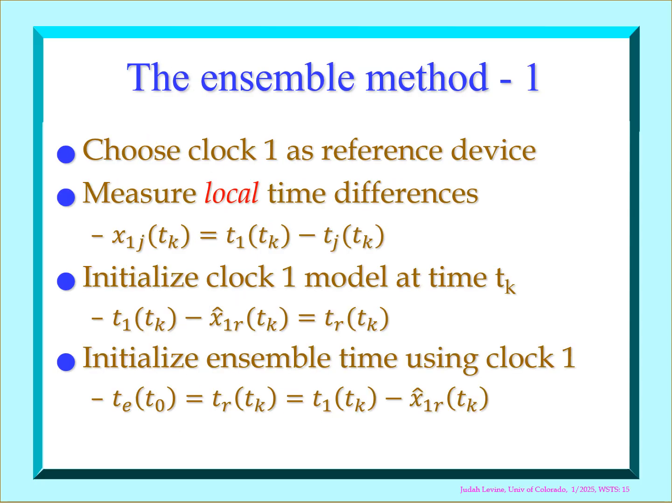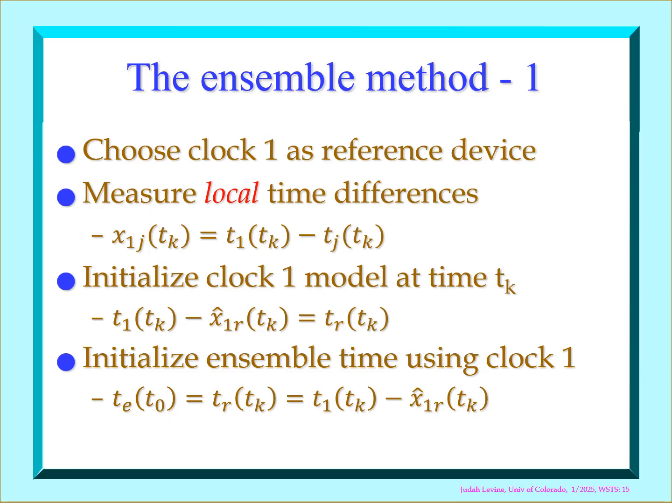Now, the idea of the ensemble method is basically based on the method that I showed in the previous slide, except that instead of having each clock measure the difference between its time and the time of the remote reference, which doesn't scale very well, it requires that I have this remote reference link over and over and over again, one for each clock.